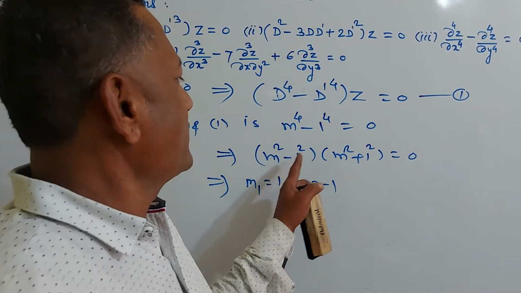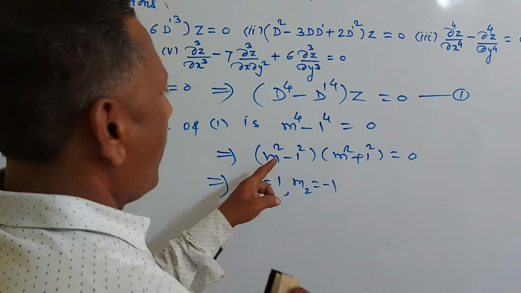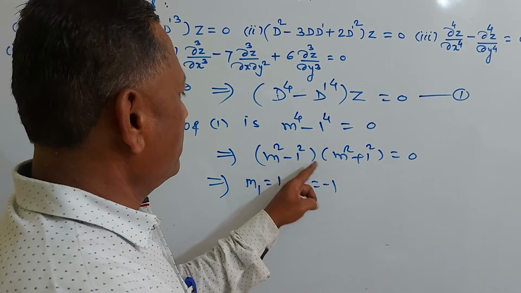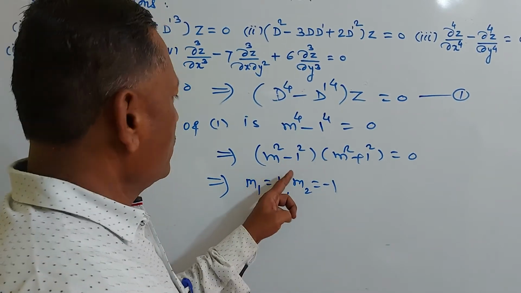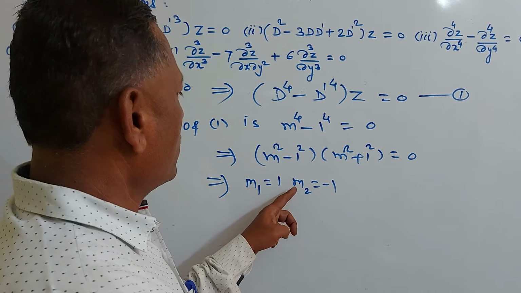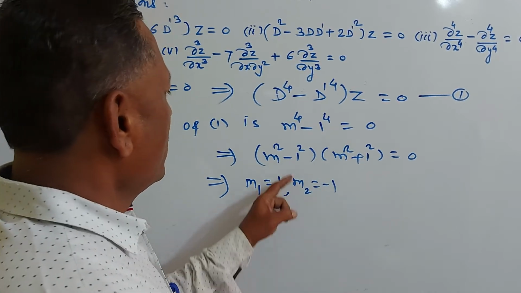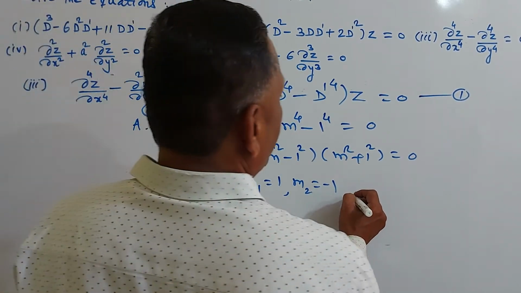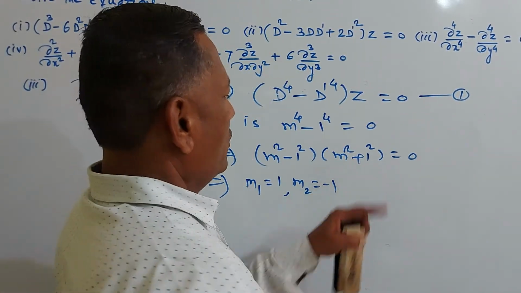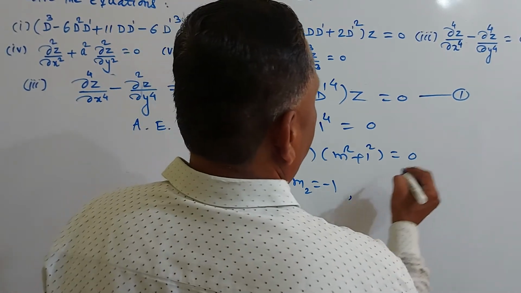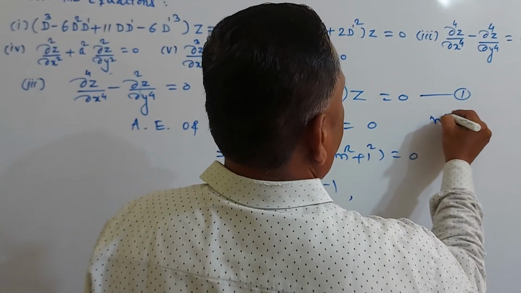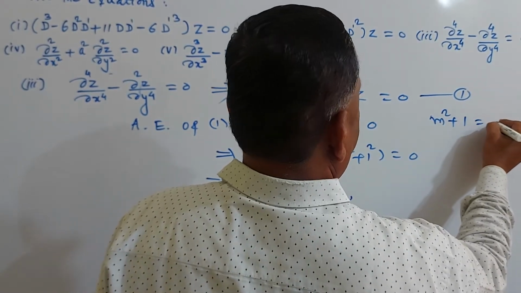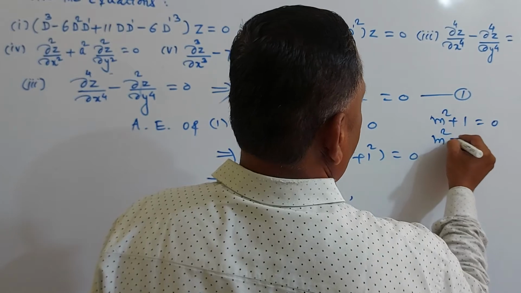m² minus 1 means here (m minus 1)(m plus 1). So m minus 1 is equal to 0, therefore m is equal to 1. m plus 1 is equal to 0, therefore m is equal to minus 1. Similarly here m² plus 1 is equal to 0, so m² is equal to minus 1.